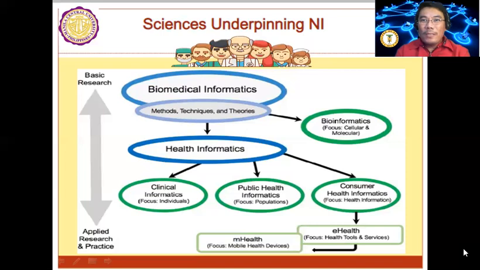So from the term itself, consumer, it is focused mainly on a specialized group, on an identified group that may benefit from the technology, that may benefit the skills of nurses in the use of technology as nursing informatics.